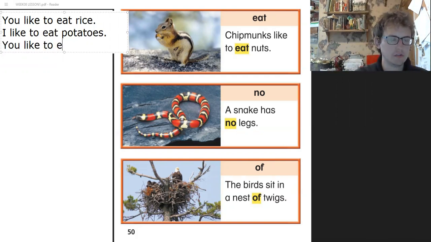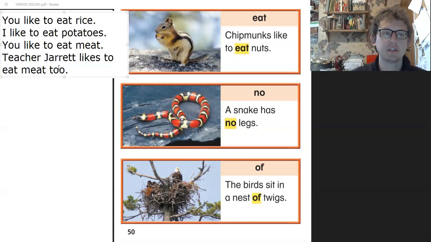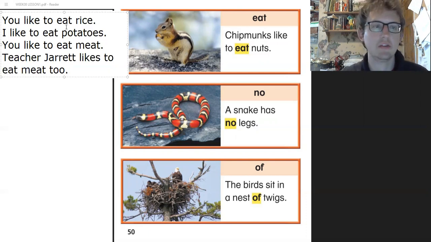You like to eat meat. And Teacher Jarrett likes to eat meat too. So these are the ways we can use the word eat.